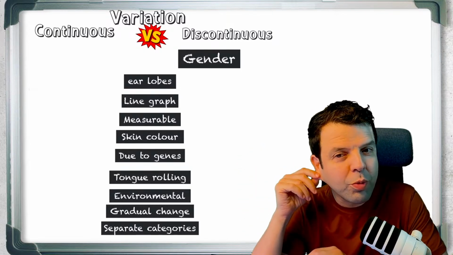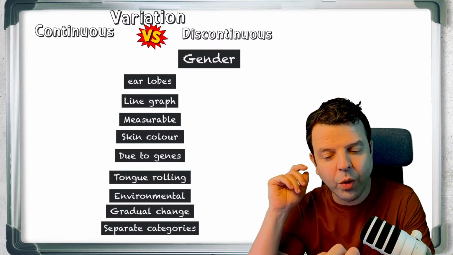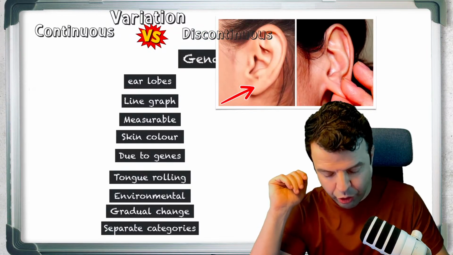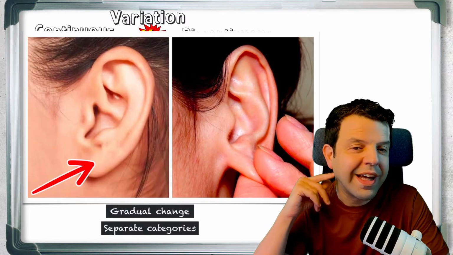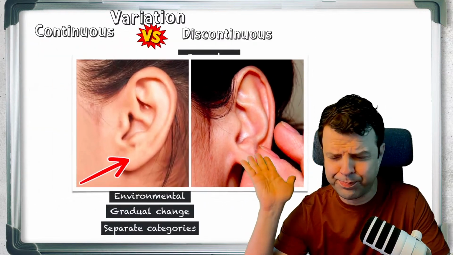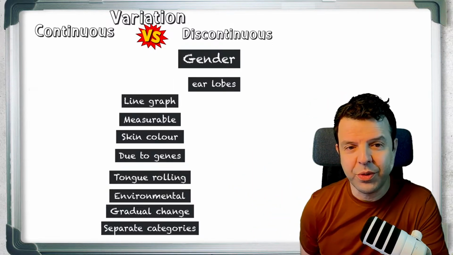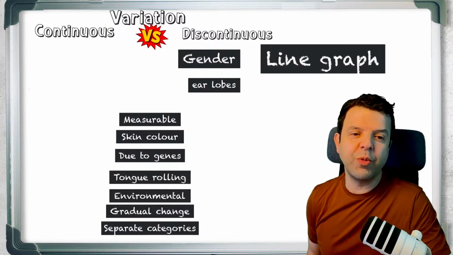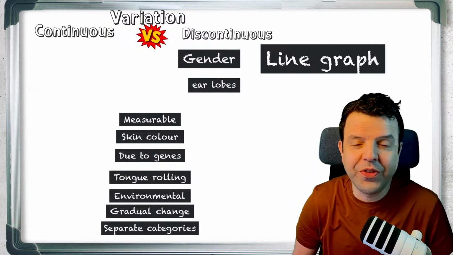Check your earlobe if you can and see whether it's that way or that way, because people, just like tongue rolling, fall into 2 categories. You have attached and free earlobe. Both are good. So that's discontinuous, right? If that feature is represented with a line graph, then is this continuous or discontinuous?